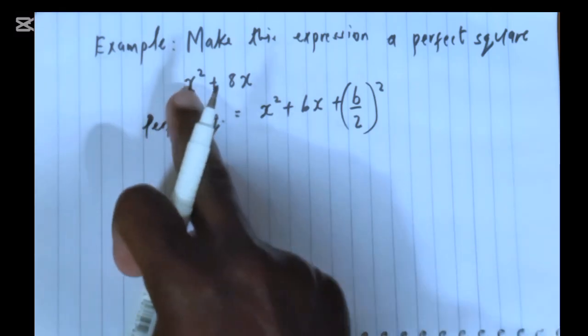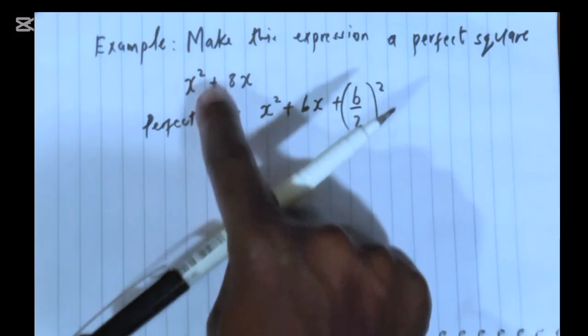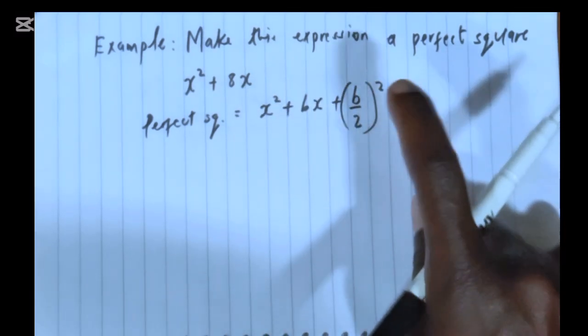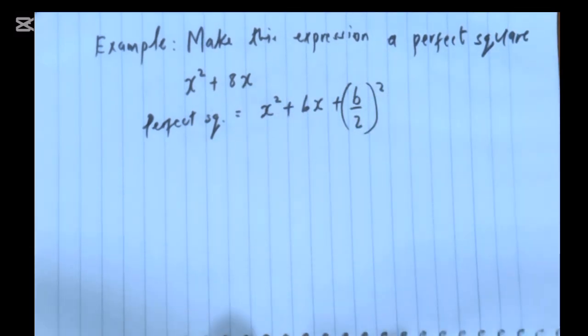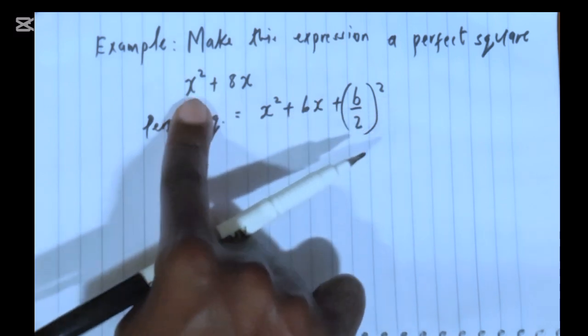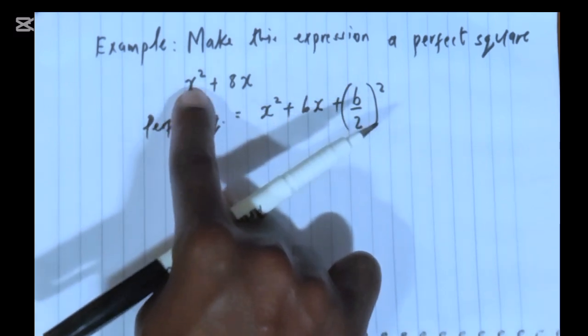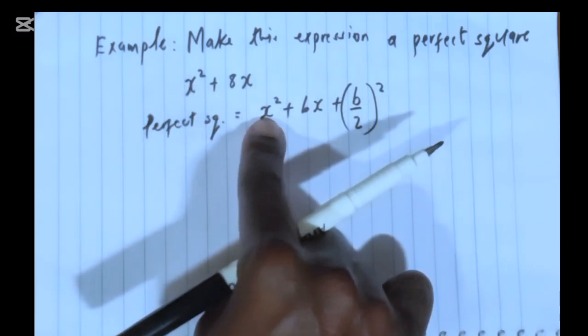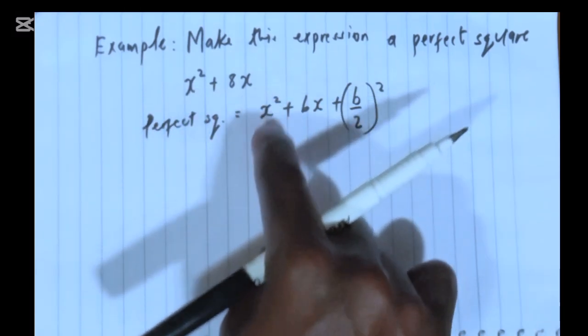So if we are going to make x squared plus 8x a perfect square, then we are going to have to identify the value of c here. Note that this here is identical to this. Basically, we have a equals 1, and of course this is the variable x.